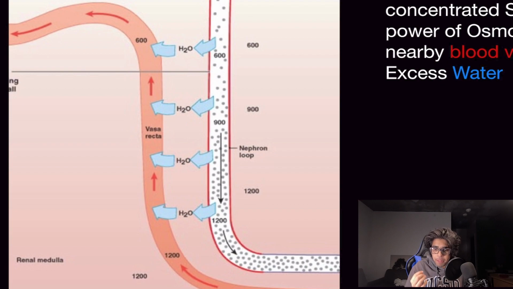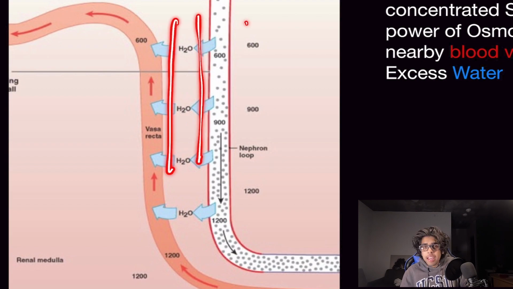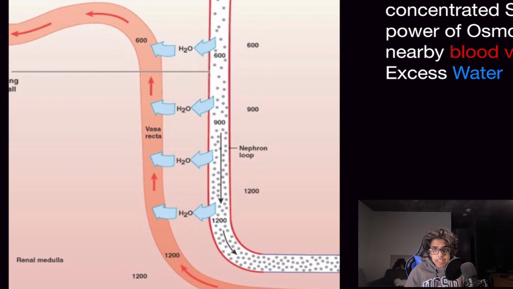Does that make sense? Water is leaving through osmosis, because the outside space is more concentrated than the inside space. By that definition, osmosis will take place. Water wants to move to locations of higher concentration, and this outside space is very highly concentrated with salt, with saline, so water is able to leave.